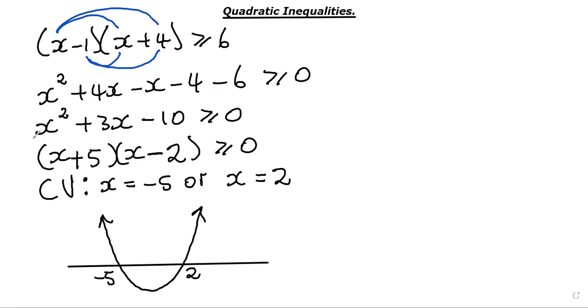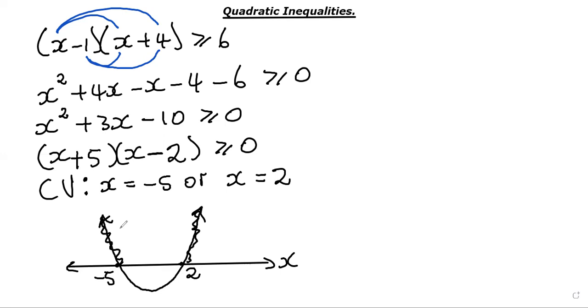Then we come to this point. So here we are looking for the values of x such that this function will be greater or equal to 0. So here we can see that the function is above the x-axis in these two intervals. Do you see that?